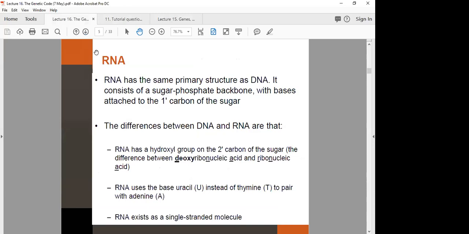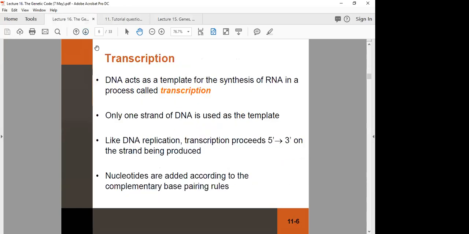All right, a little bit of a review of RNA, but I think we can now move past this and start talking about transcription. So as we said, DNA acts as a template for the synthesis of a molecule of complementary RNA in a process called transcription.